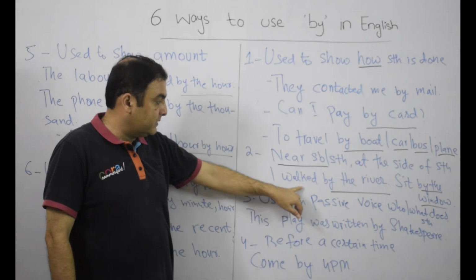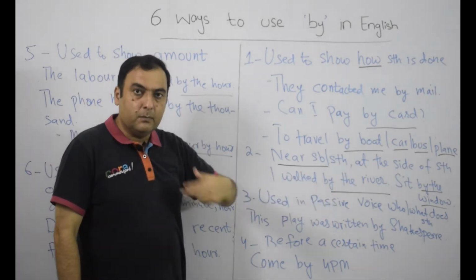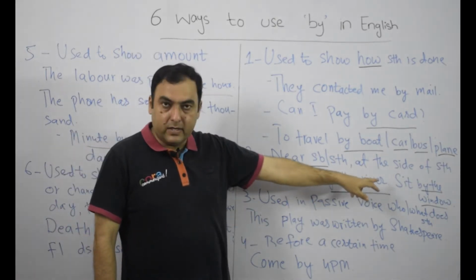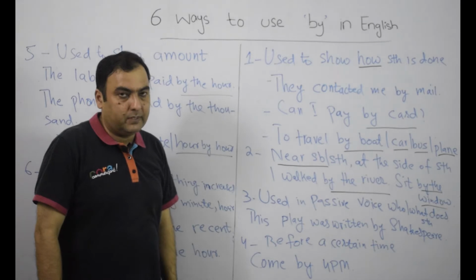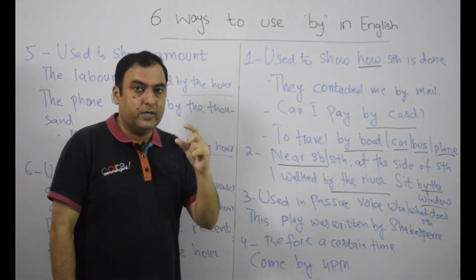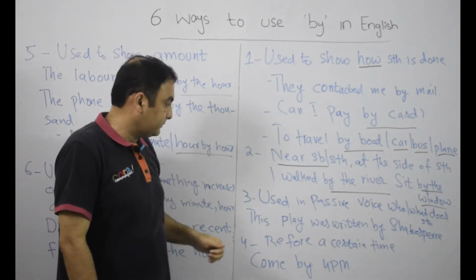The example sentence here is, I walked by the river. So here by means beside, near the river. So the second usage is, we use by to show nearness or beside something.